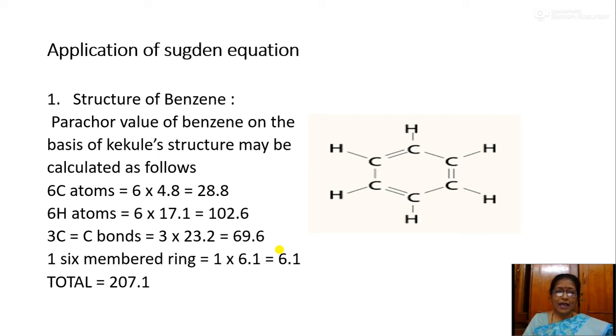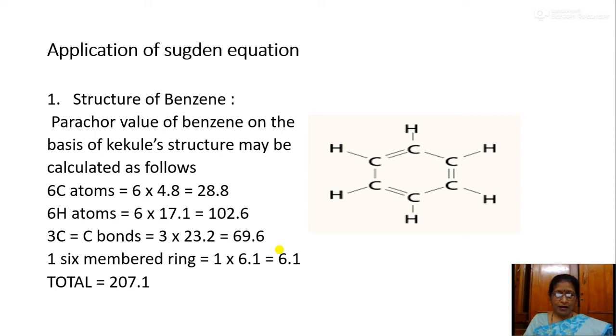Now these 6 carbon atoms, 6 into 4.8, it is the bond length, that is equal to 28.8. 6 hydrogen atoms is equal to 6 into 17.1, 102.6. 3 carbon-carbon double bonds, you can see in the diagram there, it is 3 into 23.2 is the bond length of the double bond, that is 69.6, and 1 6-membered ring, that is 1 into 6.1, it is equal to 6.1.